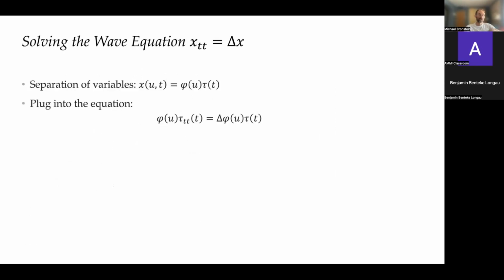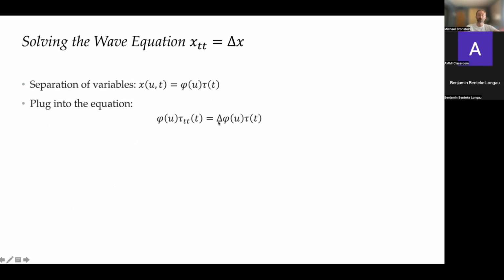If we look at the wave equation that we've seen before, this is what governs the vibrations of the plate. The way that we solve a wave equation is by separation of variables. So we have a function of position and time. Let's say it's a one-dimensional rod that vibrates. I can separate the solution into a product of the spatial part and the temporal part, denoted by phi and tau.